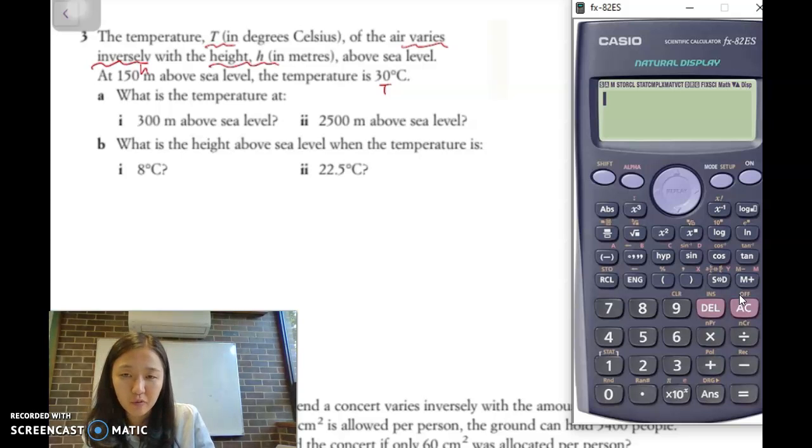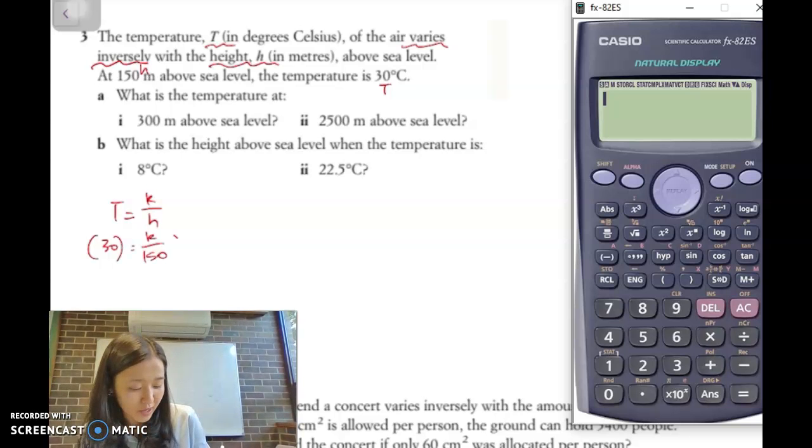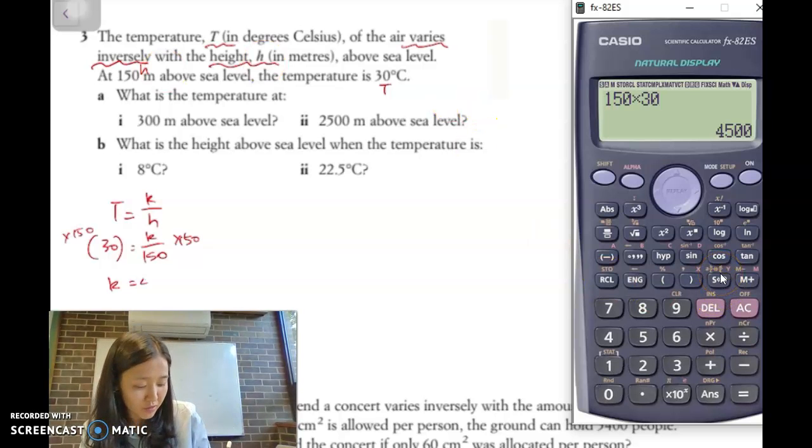We can start off with T is inversely related to H, K over H. Then we can substitute in the exact values. When T is 30, H is 150. Then we can go on and solve for K by multiplying out the denominator. That will give me K is equal to 150 times 30, which is 4,500. And so T is equal to 4,500 over H.